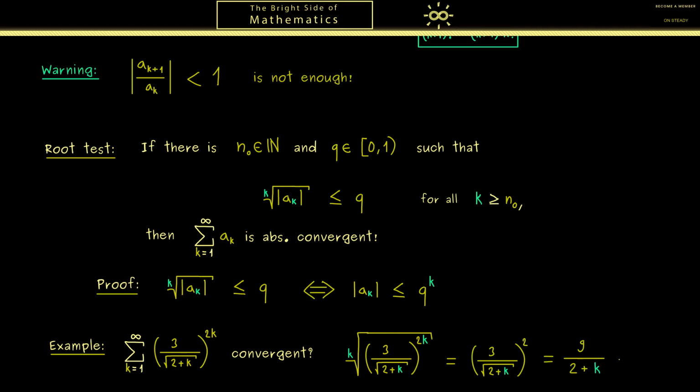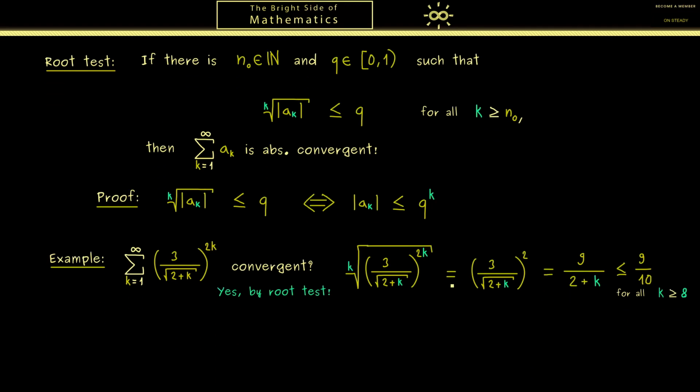Hence we only have the fraction 9 over 2 plus k, which is less or equal than 9 over 10. Of course, this only holds for k that are greater or equal than 8. In summary, there we have our n0 and there we have our q that is less than 1. Therefore we can conclude this series is indeed convergent, namely by our root test.